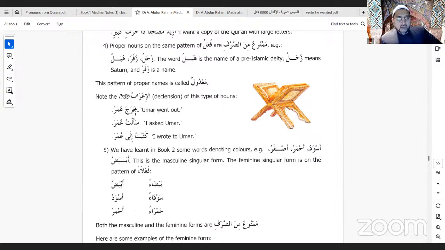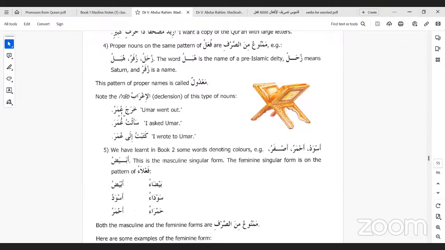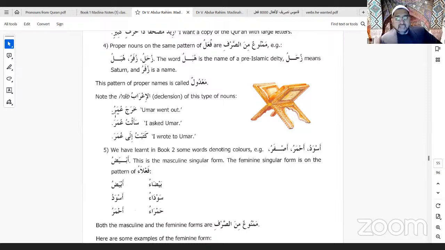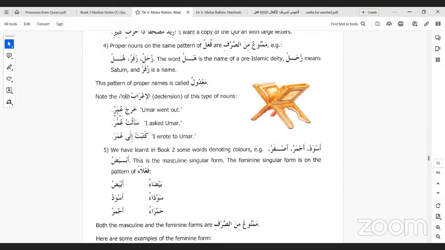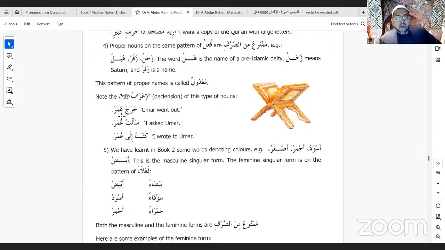So over here now, kharaja Omaro, Sister Akila, kharaja Omaro. Umar went out. So the word Omaro is not taking a tanween, it's just having one dhamma, because this is a diptote noun.